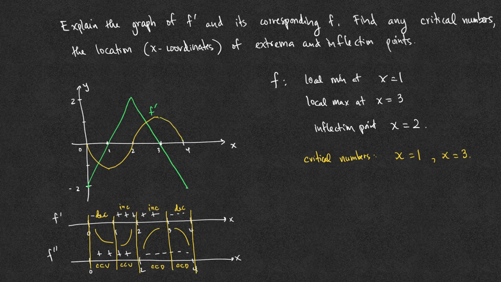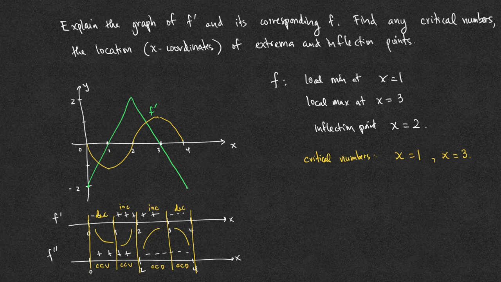This graph is not unique because we can shift it up or down. If we start at x equals 0, y equals 1, we would have a similar shape from 0 to 1, decreasing and concave up, 1 to 2, increasing and concave up, and so on.